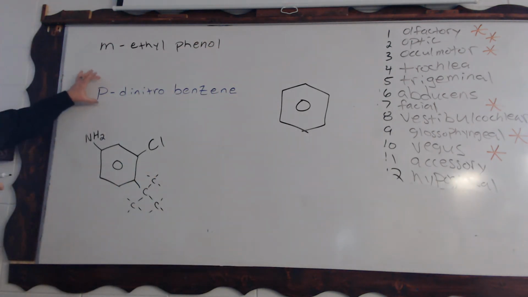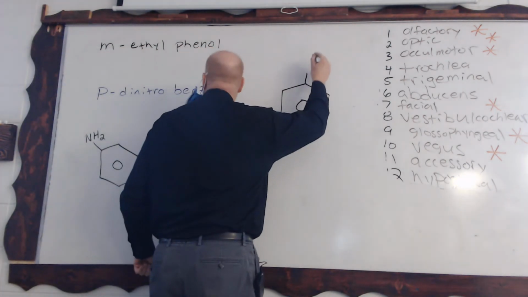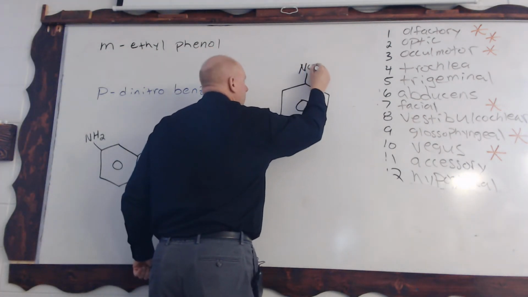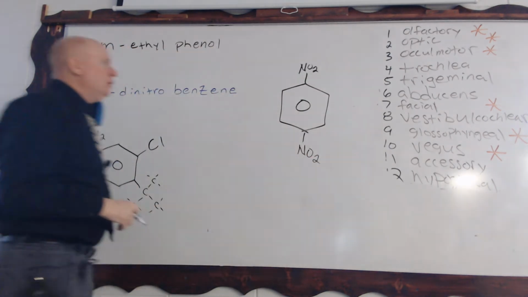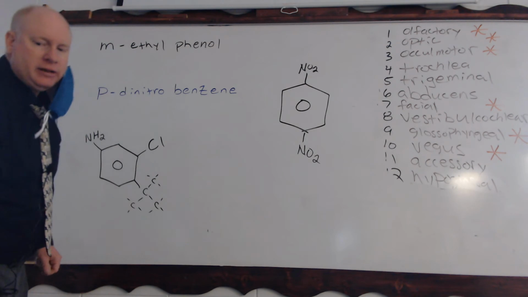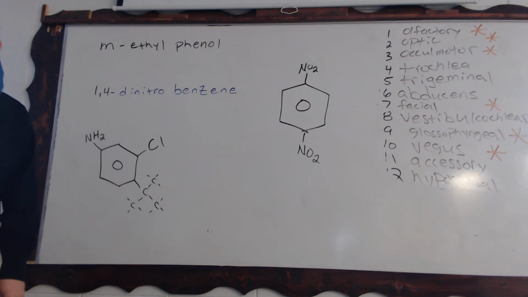So what does a para position mean? What are the numbers? Something 4 is one of them. Right. So if this was on your paper and you had to name it, you could say we've got 1,4-dinitrobenzene.